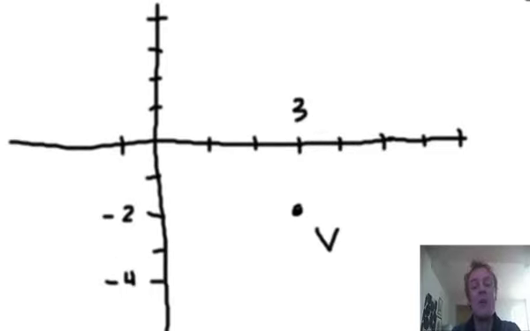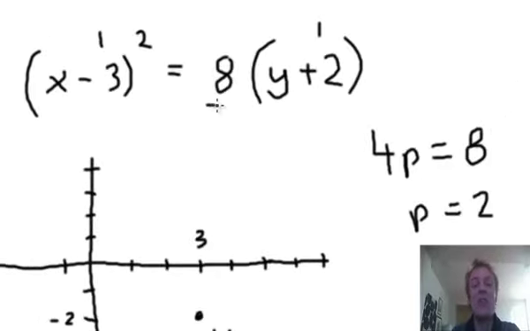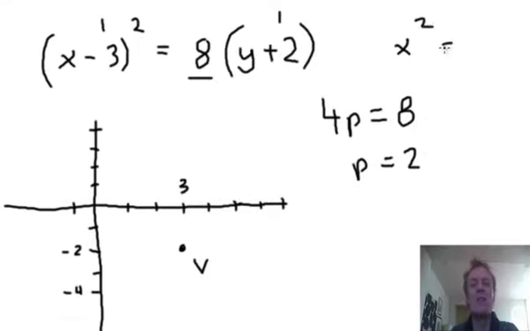There we go. Okay, we can see this is still 4p. This is still the 4p part. If 4p is 8, p must be 2. Now then, which way are we going? This is like the x squared equals 4py version. In other words, it's a y direction one. It's positive, so I'm going to go up 1, 2, up the y direction.